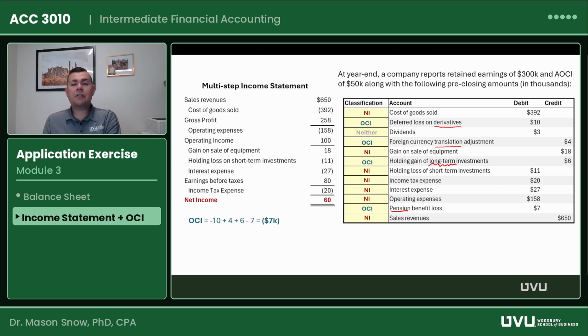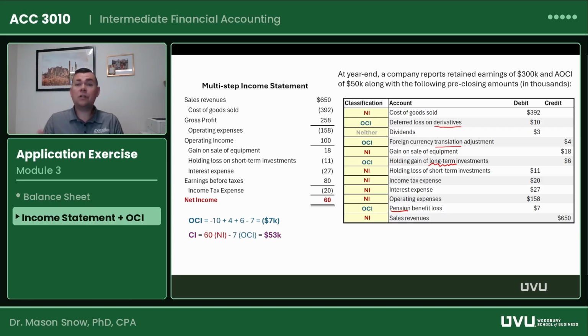So we actually are going to reflect an other comprehensive loss of $7,000 for the period. Next, comprehensive income is equal to the sum of net income plus OCI. We've got a positive profit on the income statement. We're going to deduct our other comprehensive loss for the period. So comprehensive income is 53,000.